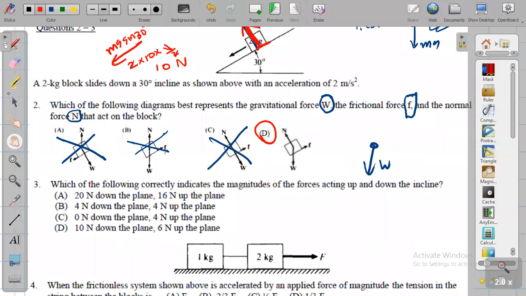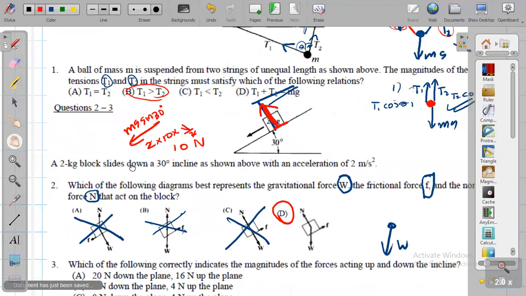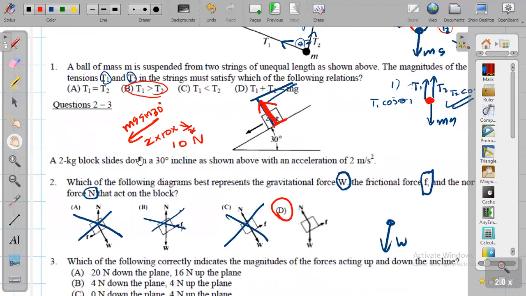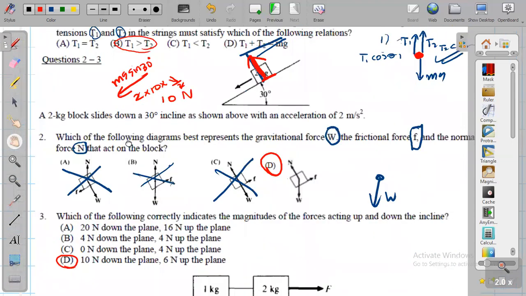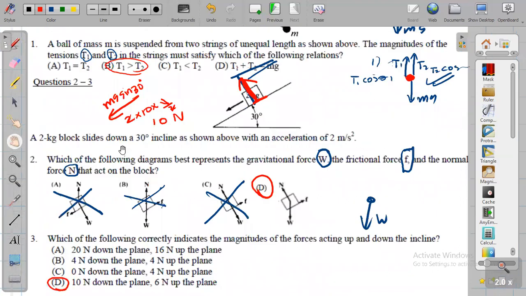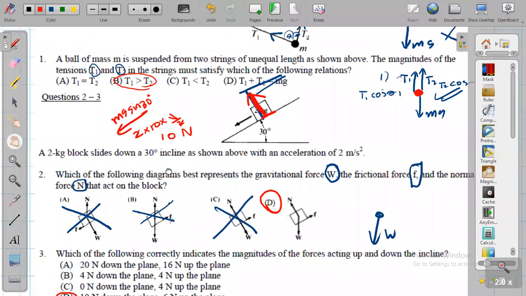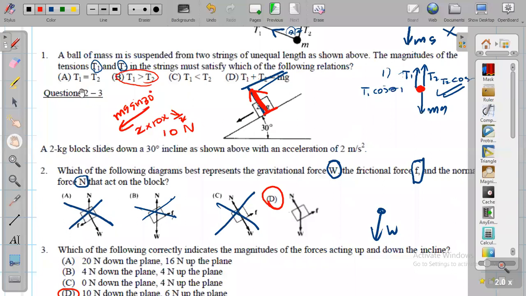There's only one answer here. You don't want to worry about the others. It's the answer D. But there is a big problem. Why do we have to worry? We can get the answer like that if the friction is not applied.